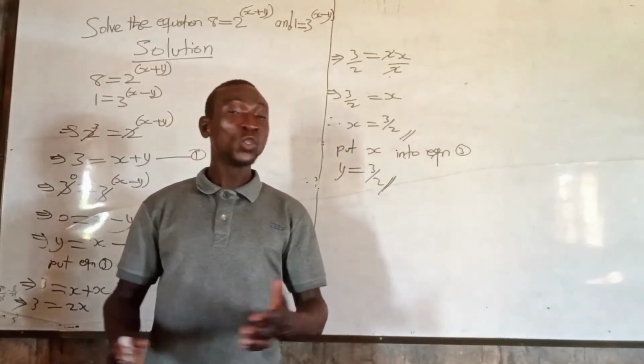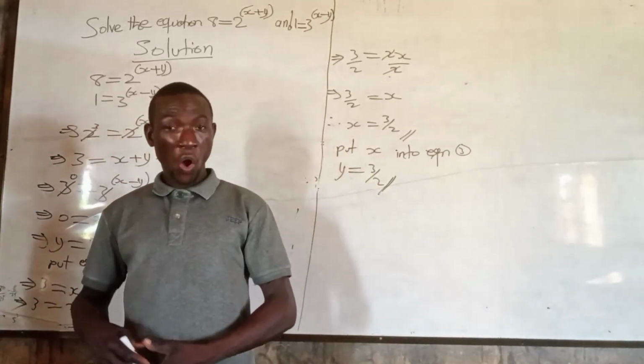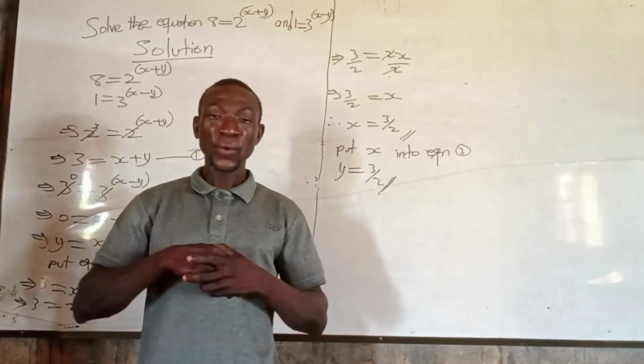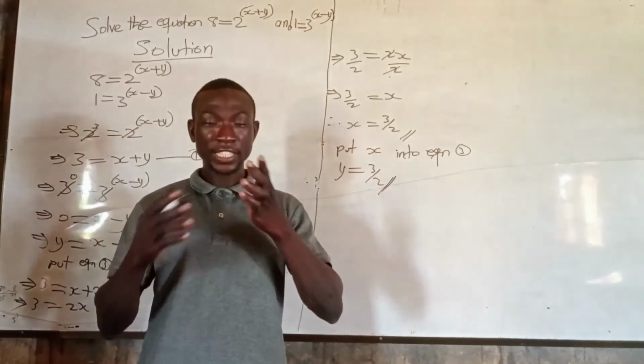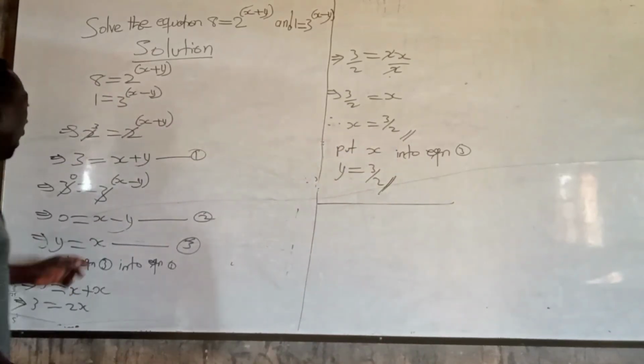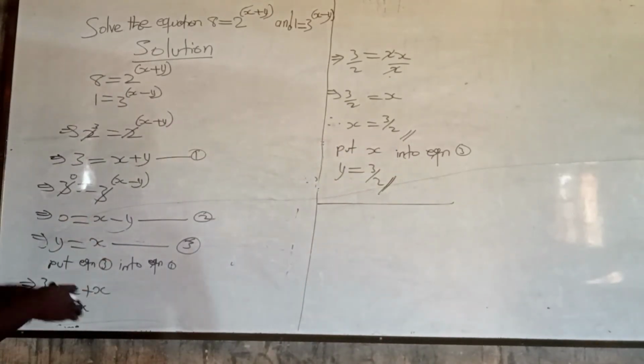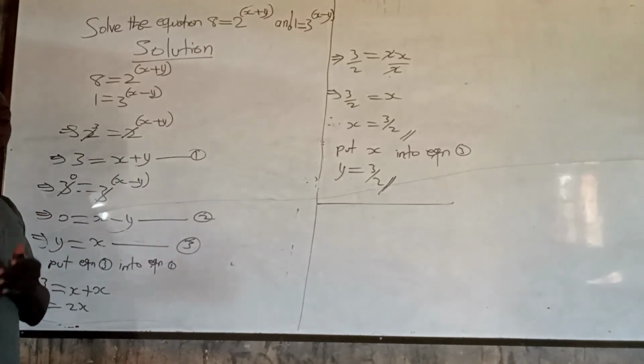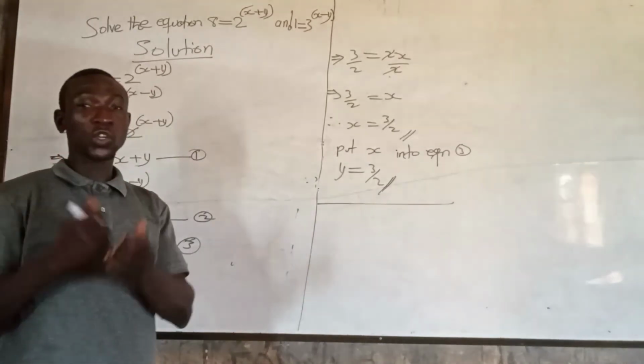If you are not convinced, you can actually prove it, or you can verify whether your answer is really correct or not. This is how we do that. Let's pick equation 1 and see whether our answer is really correct or not.